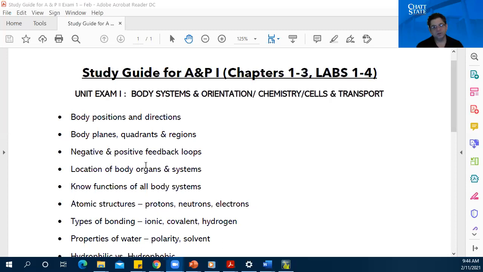Knowing what organs belong to which system, and then having a brief idea of what each system can do. Both really for lab and lecture, you should know that, because you could get identification for either of those, right? Any of the organs being asked what quadrant are they in, or what region are they in, that kind of thing.